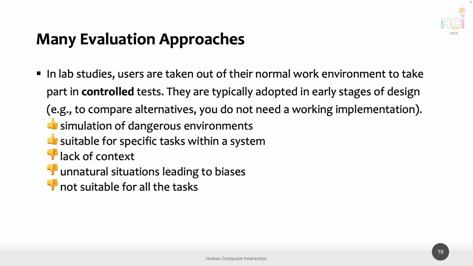You lack the real context. There is an unnatural situation that can lead to biases, right? Because your participant probably knows that you are observing him, observing her, and this of course creates bias. So it's not suitable for all the possible tasks.